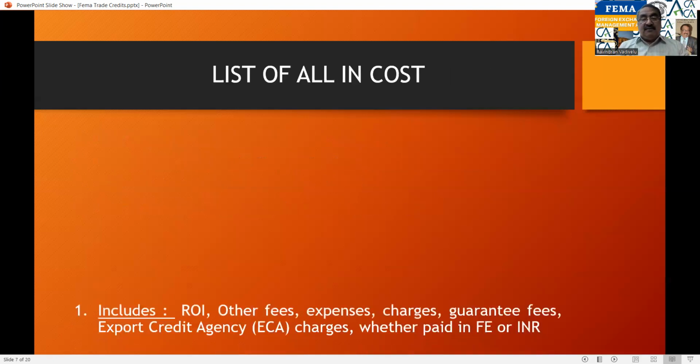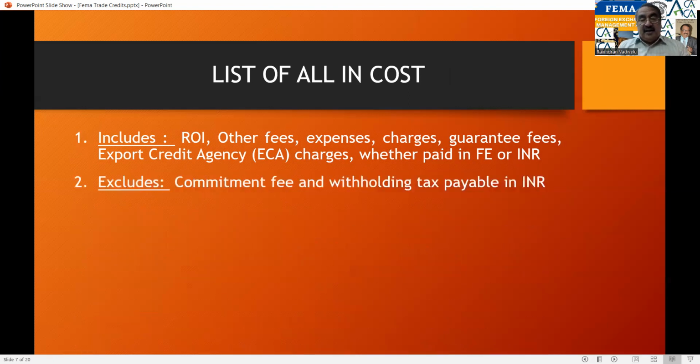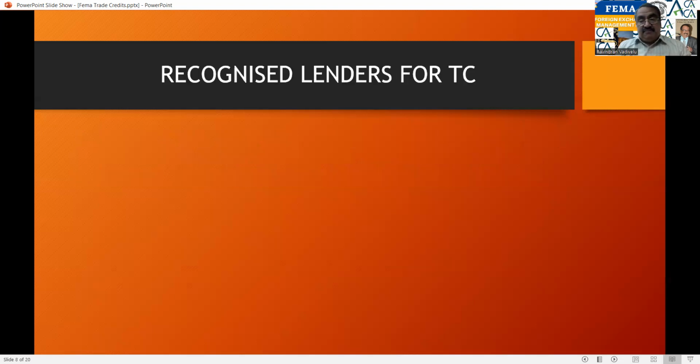And what are all the all-in costs? They include rate of interest, other fees, expenses, charges, guarantee fees, export credit agency charges, whether paid in foreign currency or in INR, Indian rupee. But it excludes commitment fee and withholding tax.